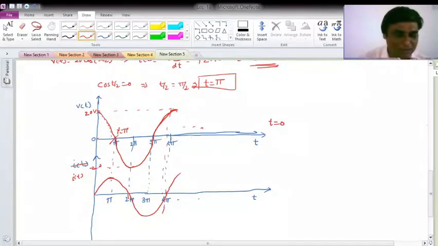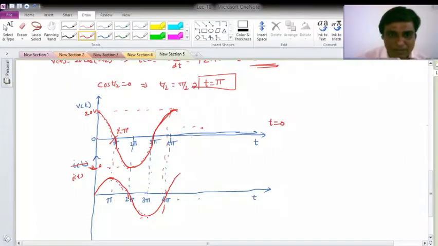Okay, and now current through the inductor is decreasing, so capacitor voltage is increasing like this from pi to 2 pi. When it is 0, capacitor voltage is at maximum negative peak, right, and then again when capacitor voltage is decreasing from negative peak, then current is increasing in negative values, in negative direction.